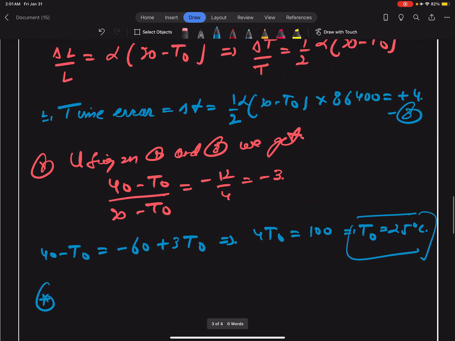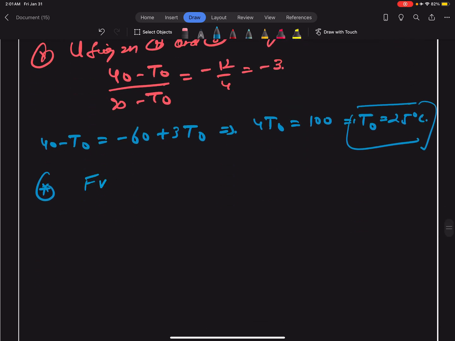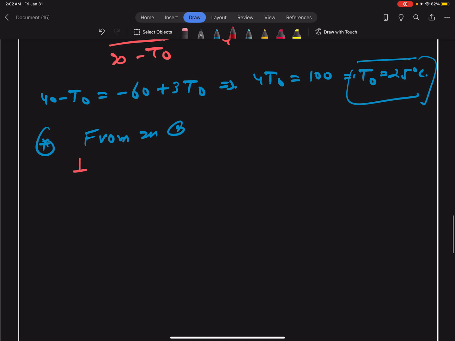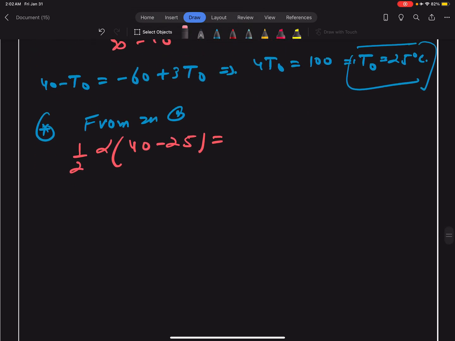So let us use equation number 2 from question 2, we can say our 1/2 alpha 40 minus 25 multiplied by 86400 is equal to minus of 12.